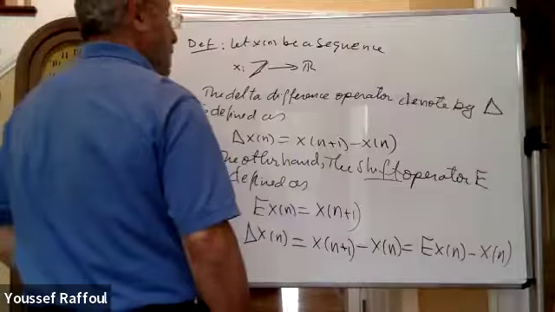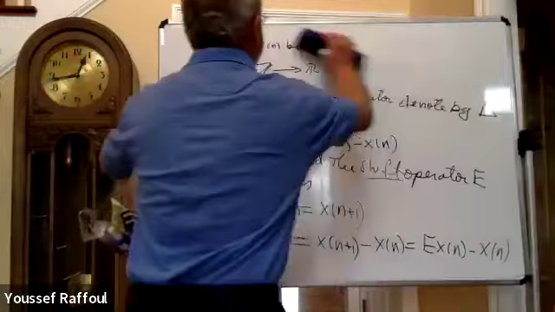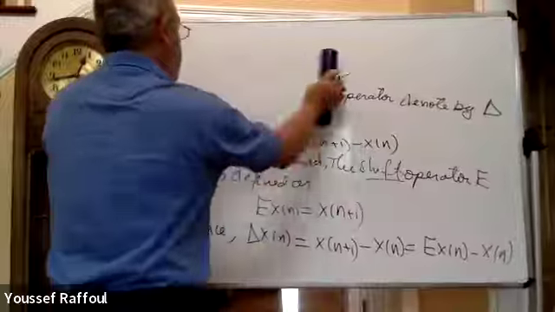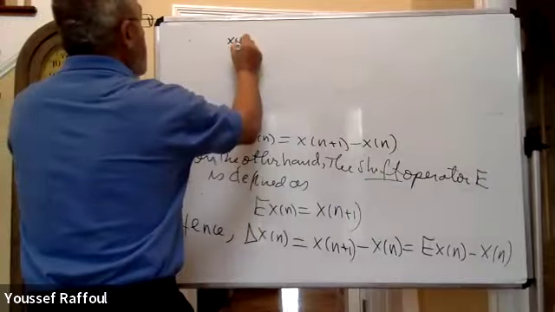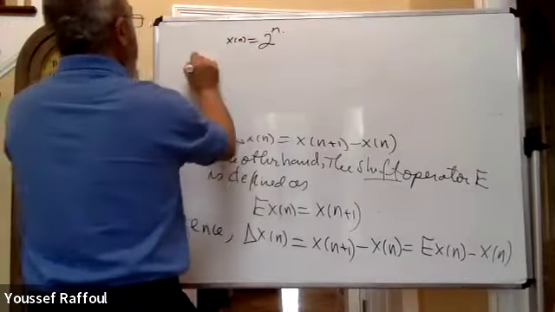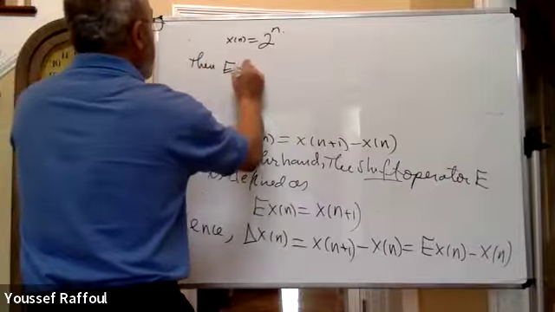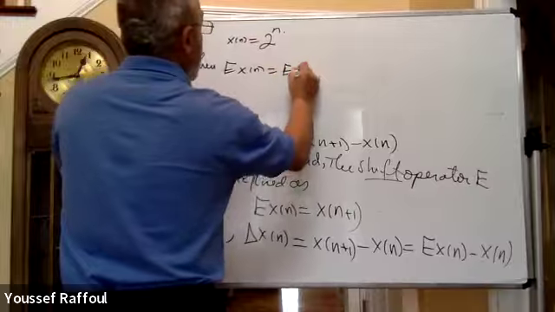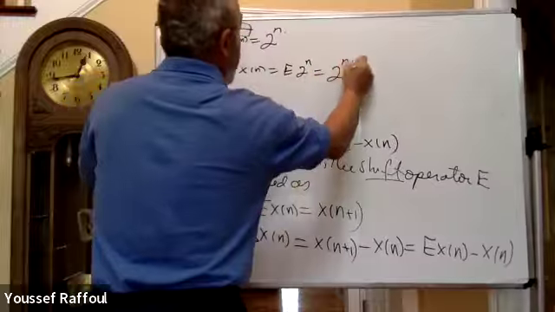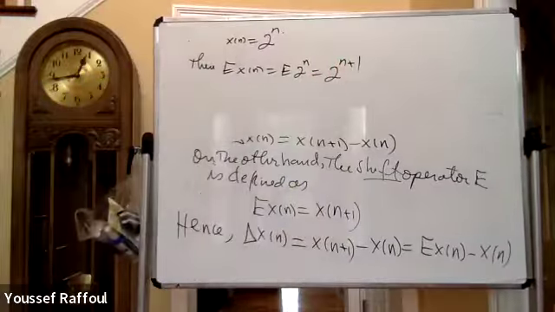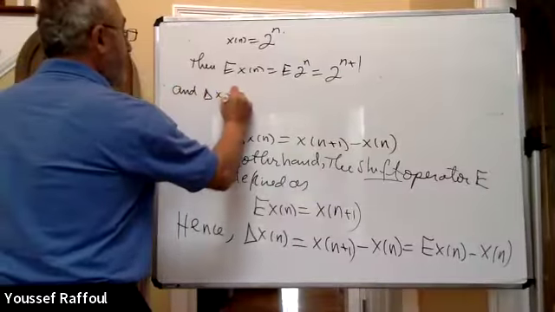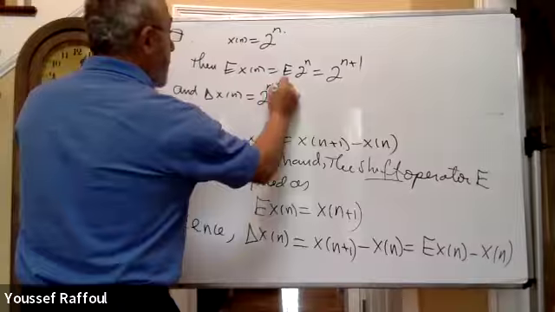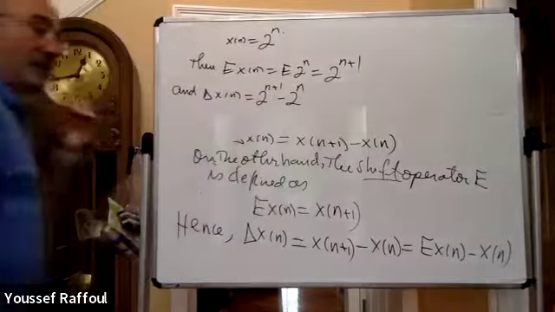So for example, if you have xn is 2 to the power n, then E xn equals E of 2 to the n, which is 2 to the n plus 1. You see that? And del xn is 2 to the power n plus 1 minus 2 to the power n.